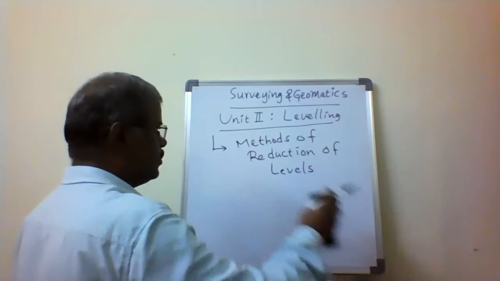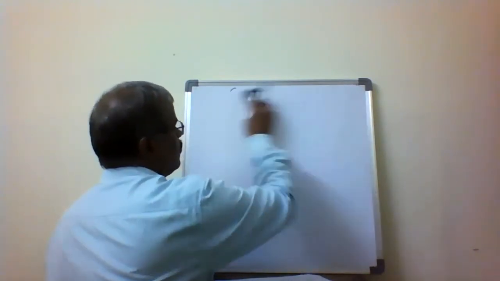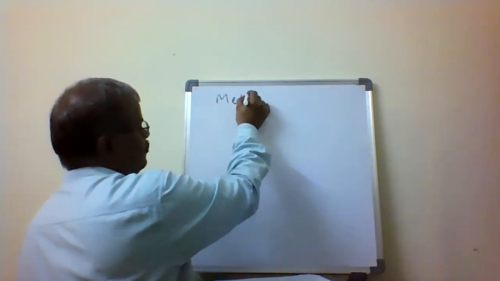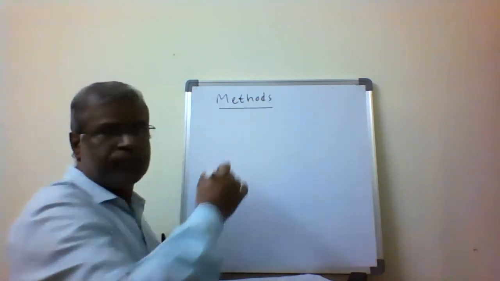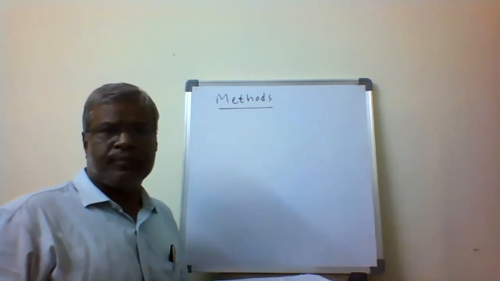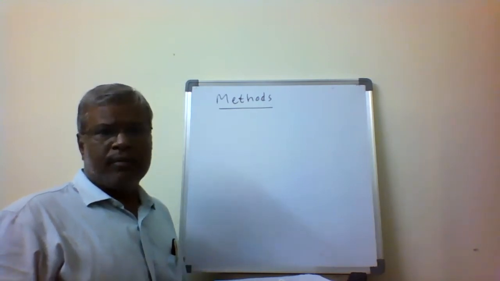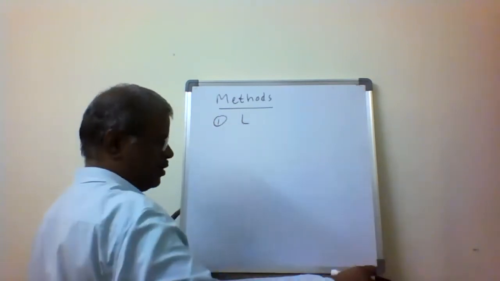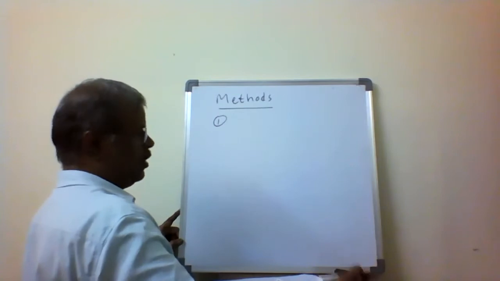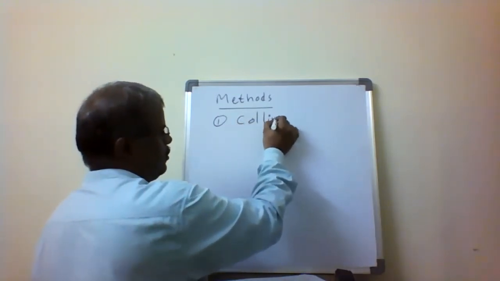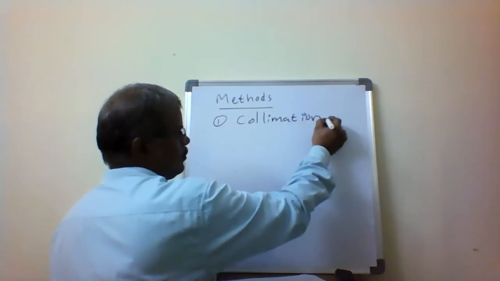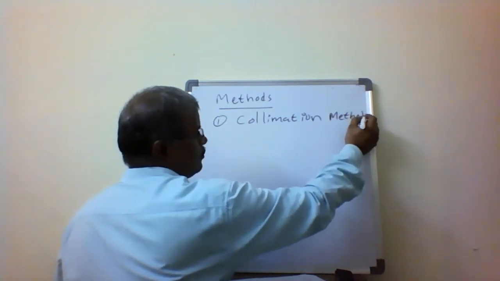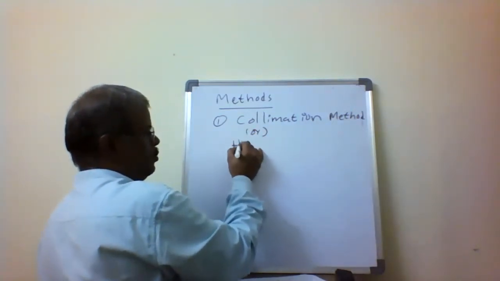And then, what methods are available? Here, two methods are available. One is the collimation method, or height of instrument method.